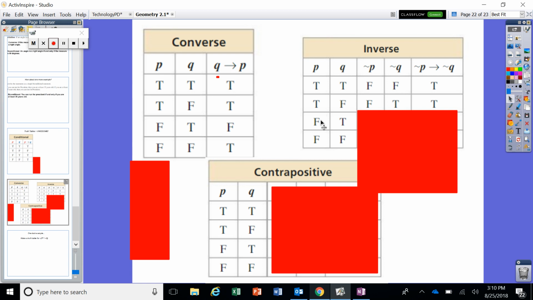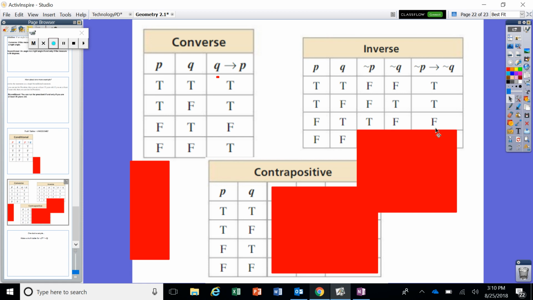All right, what about not P and not Q for row 3? Well, not false is true, not true is false, and true and false give us false. True implies false is a false statement.